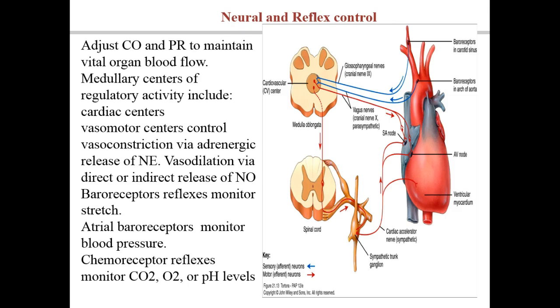So if in fact that's the case in each of these, a result needs to take place, an effect needs to take place, and that effect can be via vasodilation, vasoconstriction.